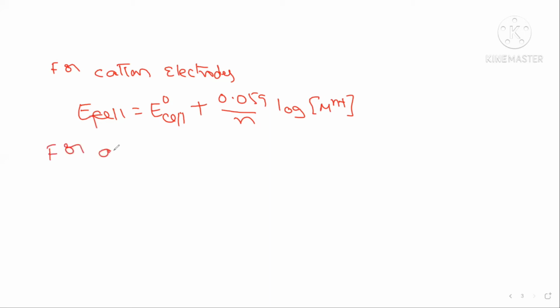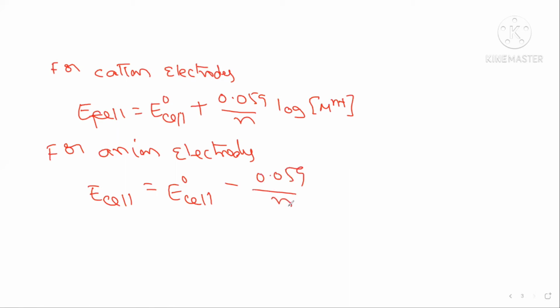For anion electrodes, the equation is E cell is equal to E naught cell minus 0.059 by n into logarithm of the non-metal ion concentration, A n minus concentration.